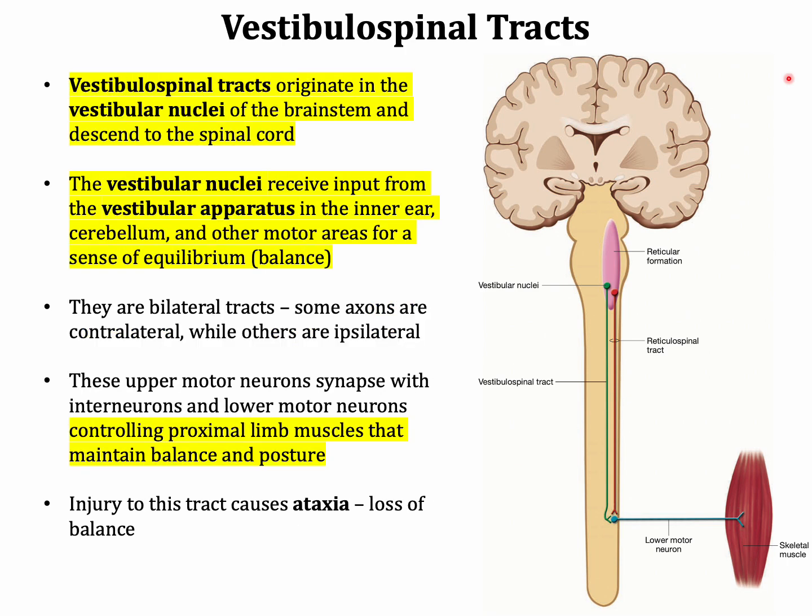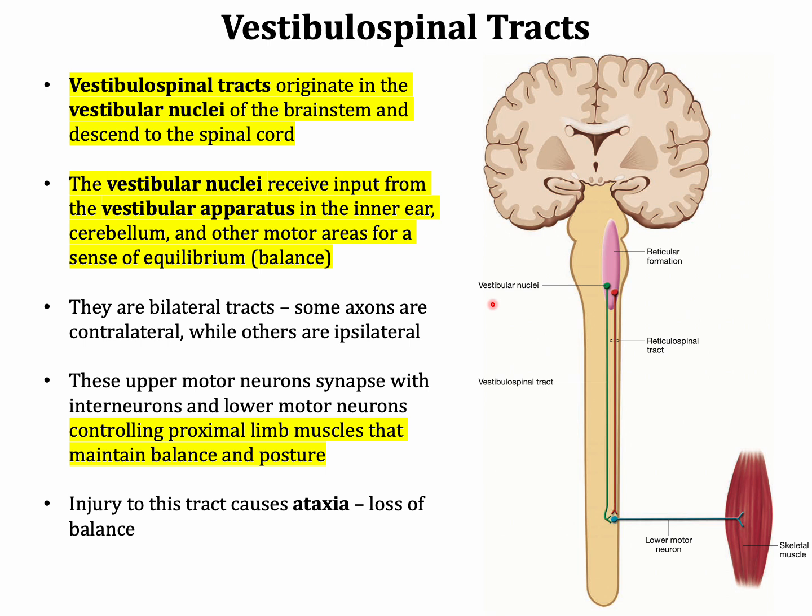Then lastly, the vestibulospinal tract originates in the vestibular nuclei of the brainstem and travels down the cord to synapse with lower motor neurons. When we think about the vestibular nuclei, a collection of neuron cell bodies, it's receiving input from structures that are involved with equilibrium or balance.